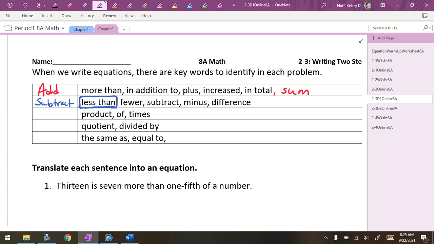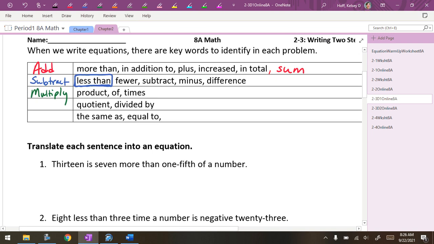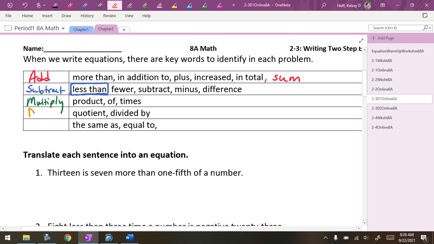What math operation would you use for the words product of or times, Marilyn? Multiply. And what math operation would we use for the phrase quotient or divided by? Divide.